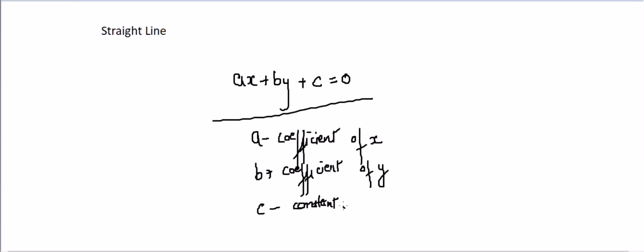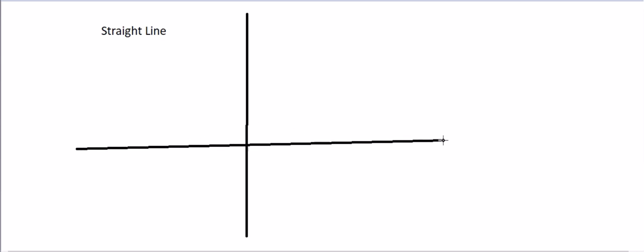Let me see some basic equations of some straight lines. So if I say the equation of x-axis, okay, let me draw the axis. This is y-axis, this is x-axis. And if I want to calculate the equation of y-axis or x-axis, let us start with the equation of x-axis.